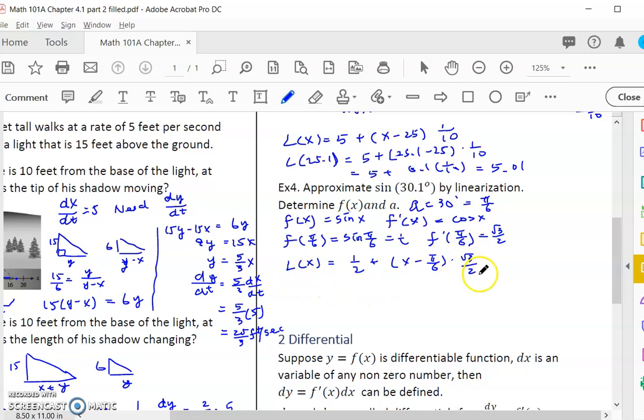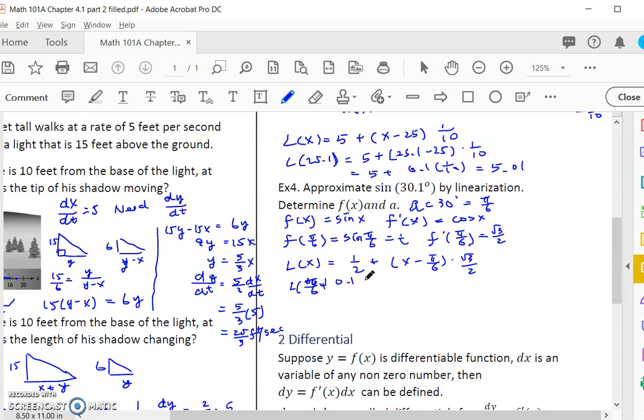Okay, so this is my linear line that I can use to find sine of 30.1. But my problem is 30.1 is not in radians. So what does 30.1 mean? L of 30.1 is 30 degrees, pi over 6, plus 0.1 degree.